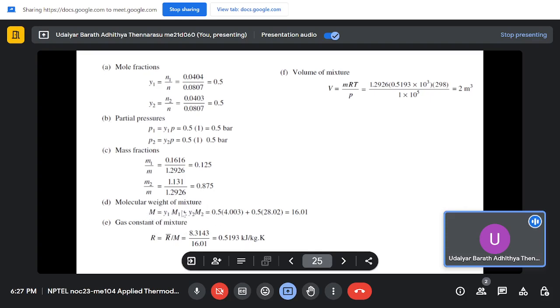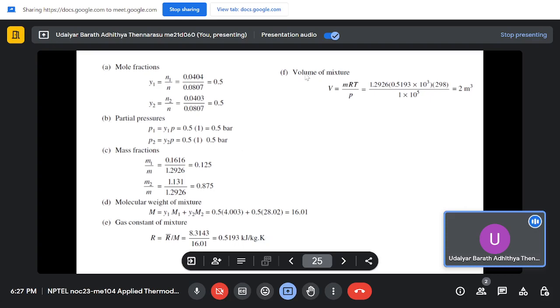This summation will come out to be 16.01. So this is the molecular weight of the mixture. So the gas constant of the mixture is similarly the universal gas constant divided by the molecular weight, which we have found. So 8.3143 divided by 16 will come out to be 0.5193 kilojoule per kg Kelvin.